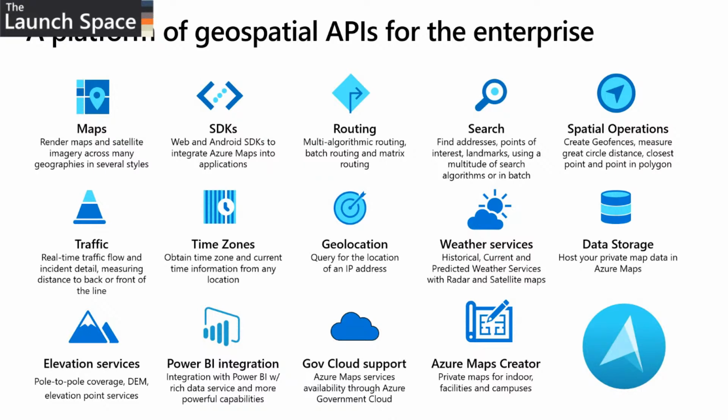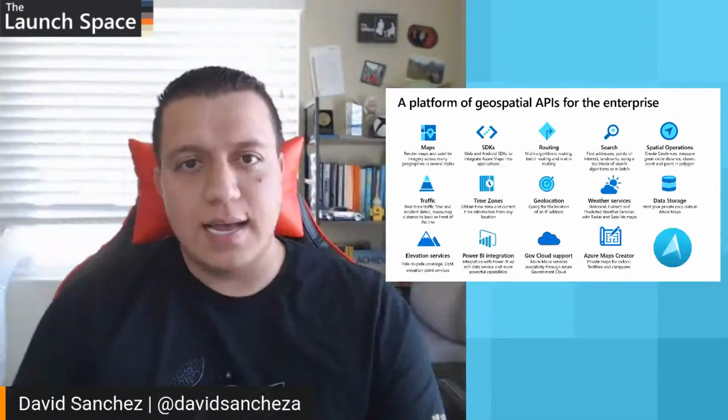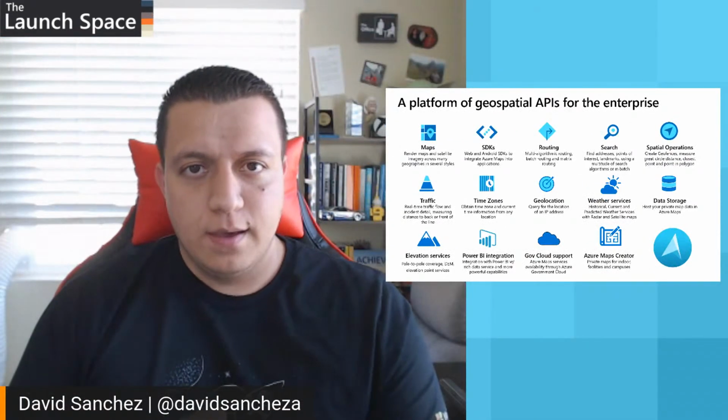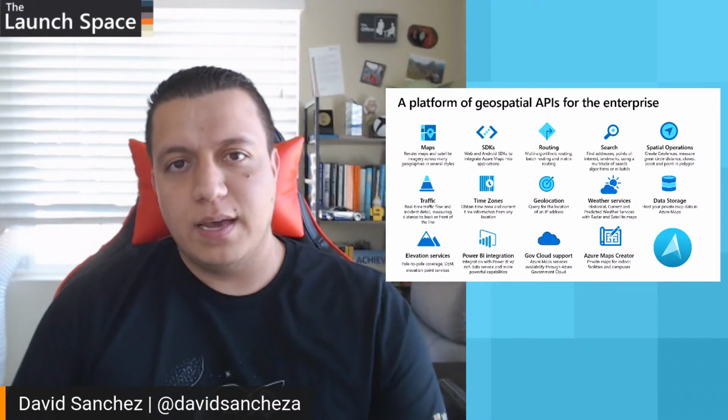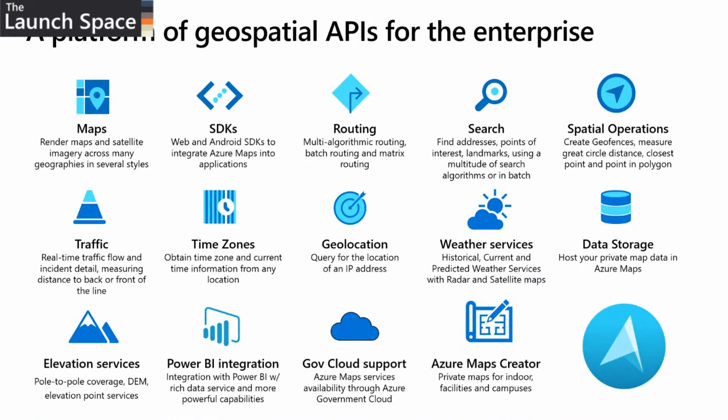It can give the elevation point from any point around the map. We have the Power BI integration. Actually, if you are using Power BI to visualize geolocation data, it's actually using Azure Maps on the back end. We have support for the government cloud. And obviously, we have Azure Maps Creator, which is the feature that we're going to be focusing on in this session.